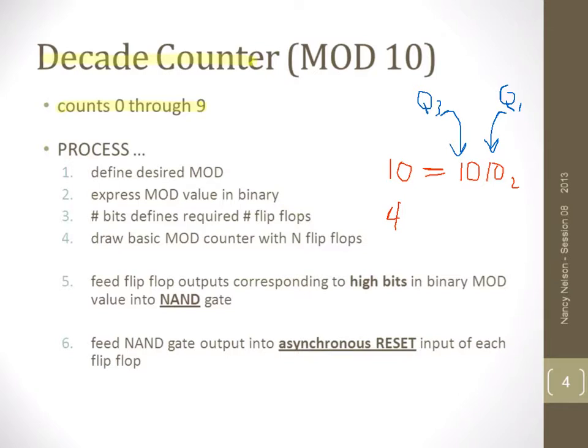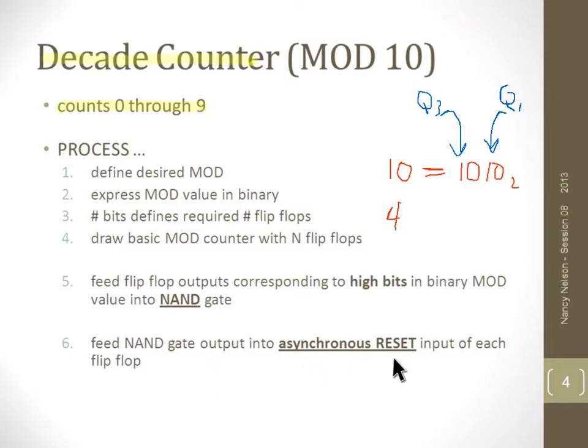So we're going to take the output from Q1 and the output of Q3 and feed those into a NAND gate. This is a separate NAND gate that we're going to add to our flip-flop circuit.